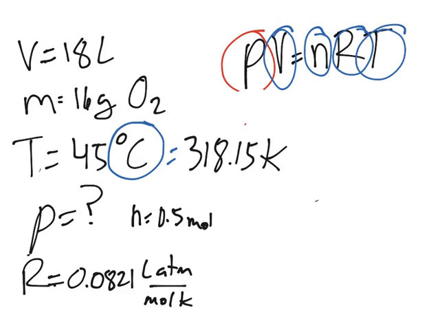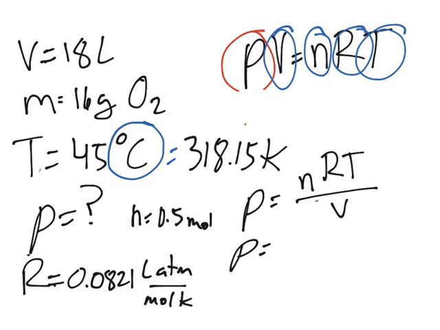So first you want to solve for P, so that gives us nRT over volume. P would be 0.5 mole, times 0.0821 liter atmosphere per mole Kelvin. It's really hard to write really small.